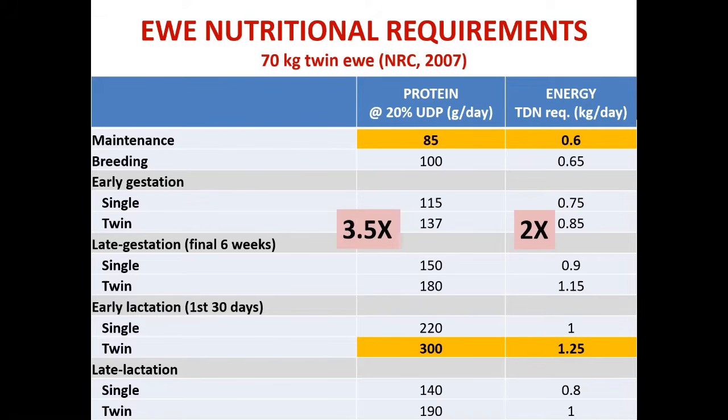So in essence, your protein requirement goes up by 3.5 times, and your energy doubles basically from maintenance to early lactation. This is important to show you that you cannot feed a maintenance diet right through the production cycle. You will sit with issues, and the first would be metabolic diseases such as milk fever, ketosis, and so on.